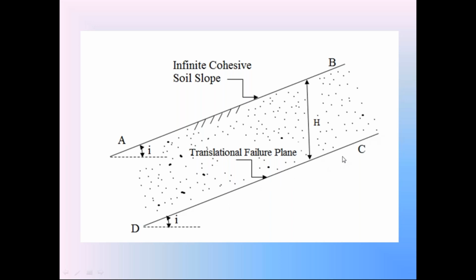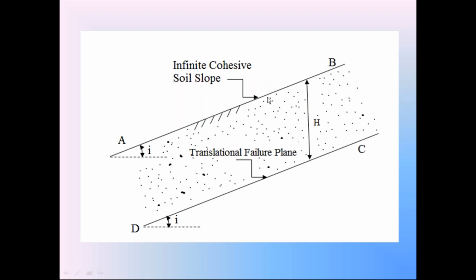In the translational failure, the failure surface CD is parallel to the soil slope surface AB. So with horizontal, this failure surface CD also makes the angle i. Let H be the vertical height between the infinite cohesive soil slope AB and the failure surface CD.